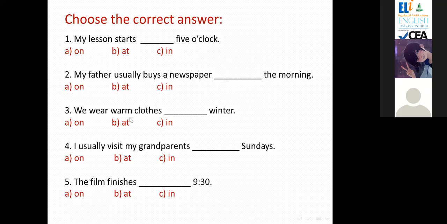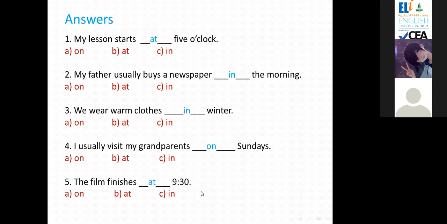We wear warm clothes in winter. I usually visit my grandparents on Sundays, excellent. And the film finishes at 9:30, because it's a certain time. So these are the answers. Good job.